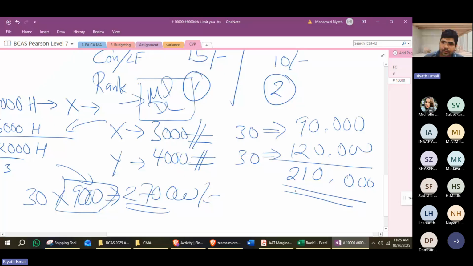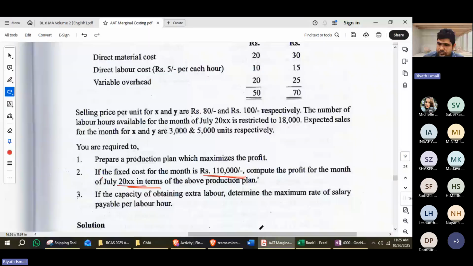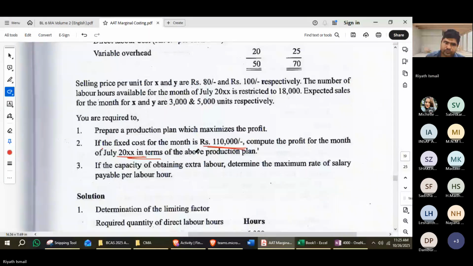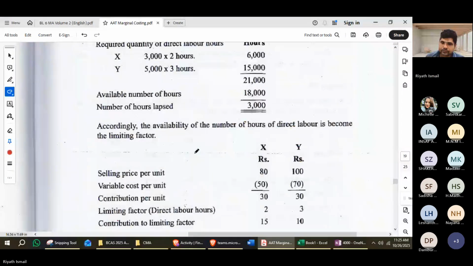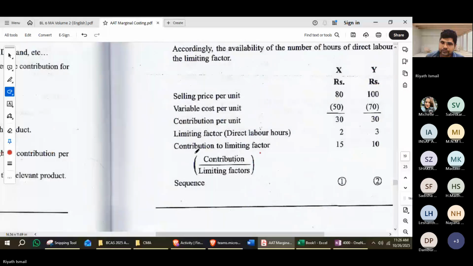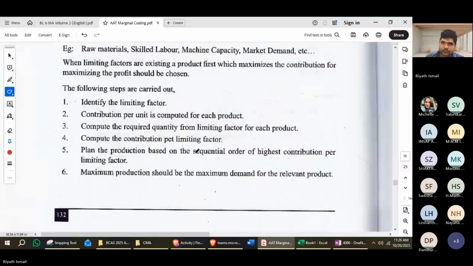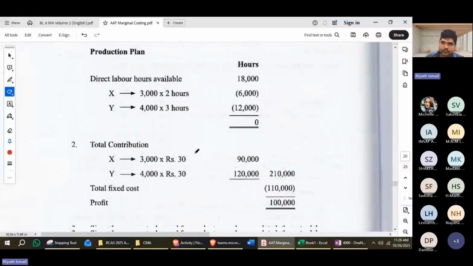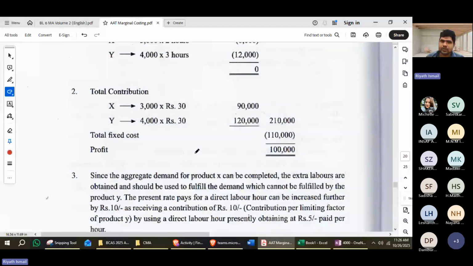The fixed cost is 110,000, and we can make a profit of 100,000. Yes, it will give you a profit of 100,000.